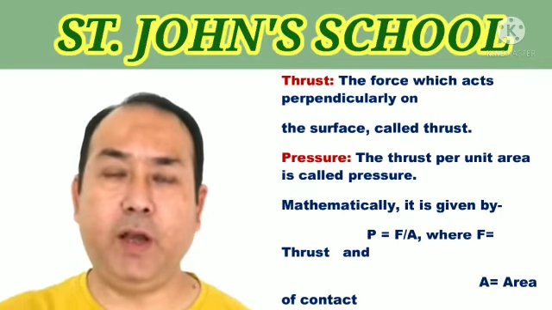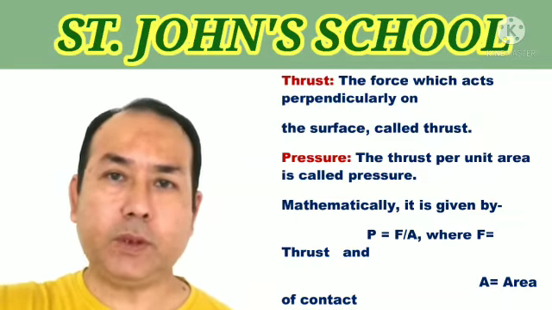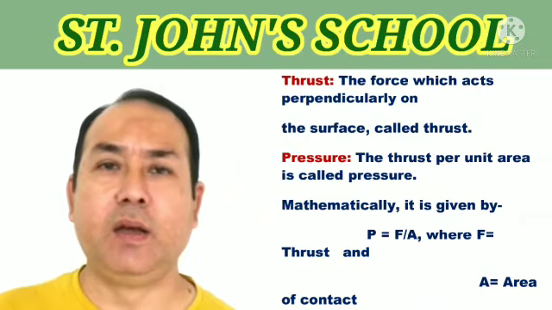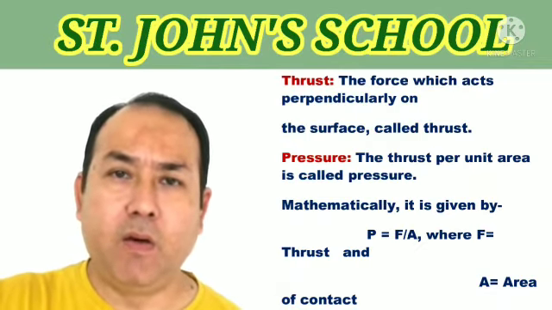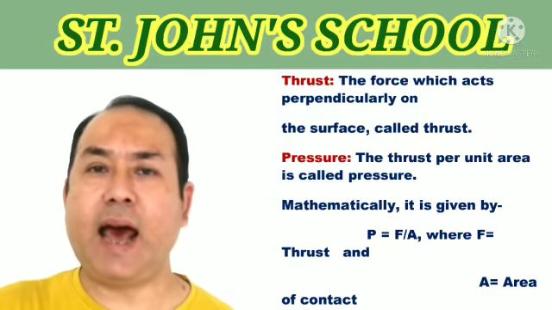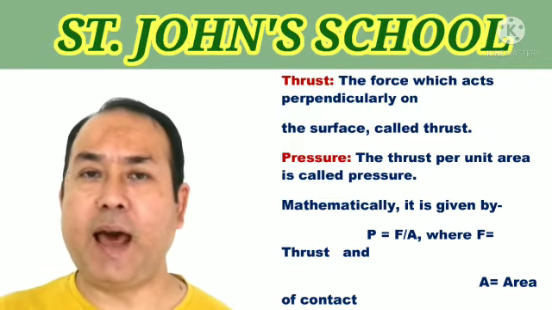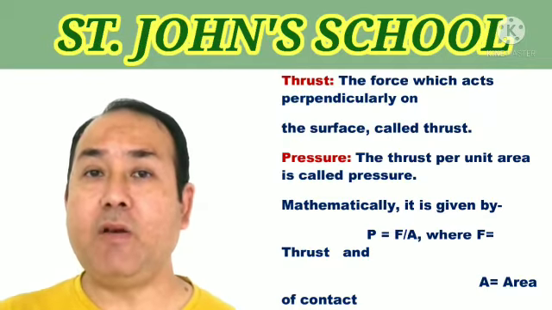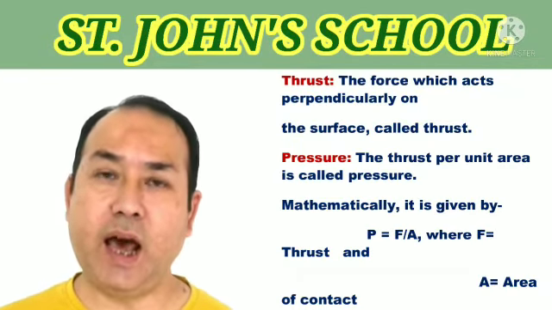For example, when you press the desk perpendicularly, when you apply force perpendicularly on the desk, what exactly you are doing is applying pressure on the desk. Why? Because you are applying perpendicular force on a given area.